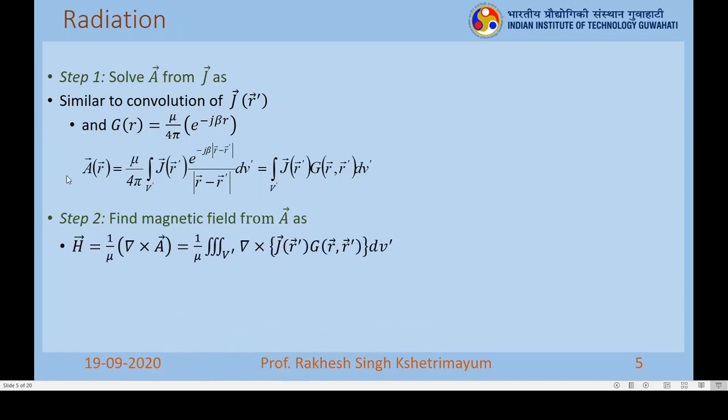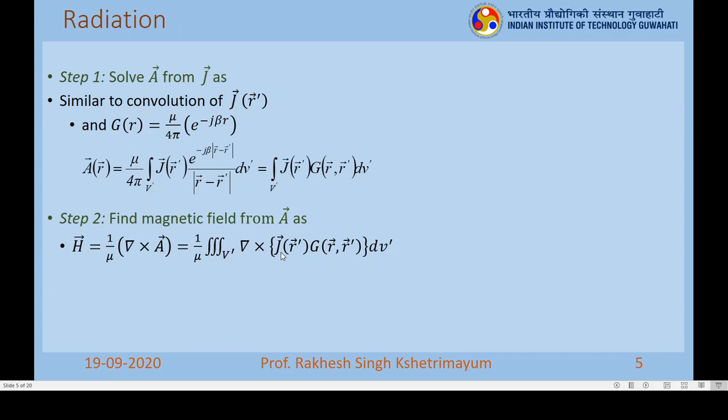When I take the curl of the magnetic vector potential, the curl operator will operate on the integrand, which is the product of the vector J and the scalar quantity G.